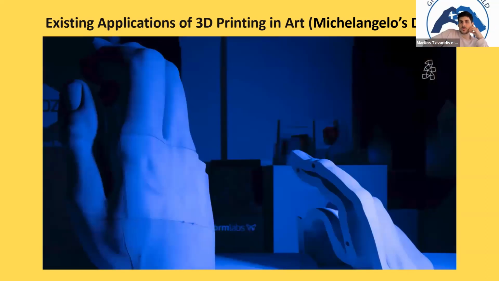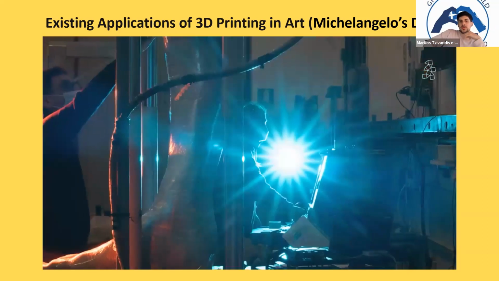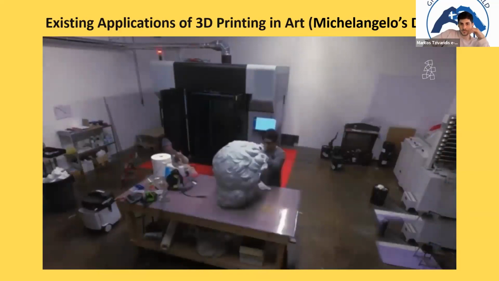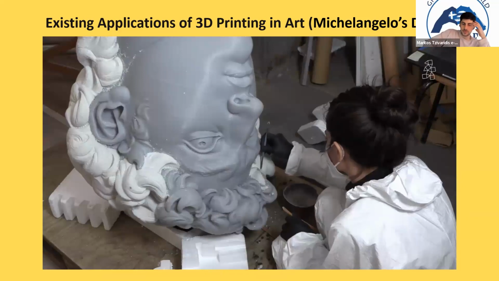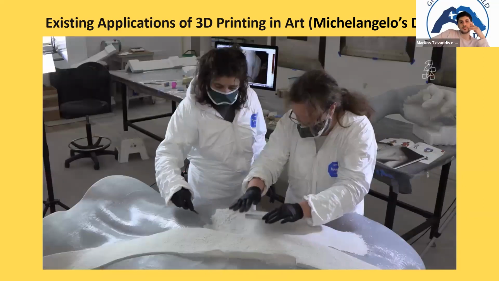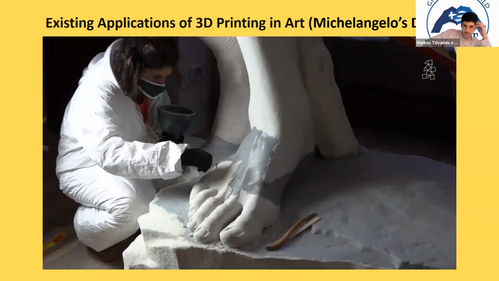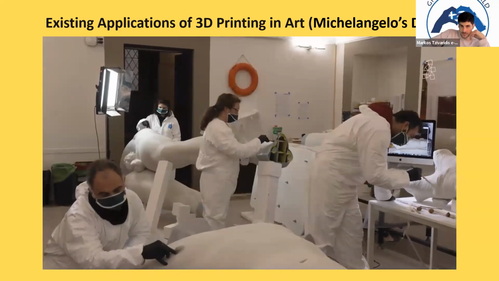As you can see, they print it in parts, of course, because you can't print the whole thing. And to make it look real, they apply clay on top of it, or cement. I don't know what type of material this is.